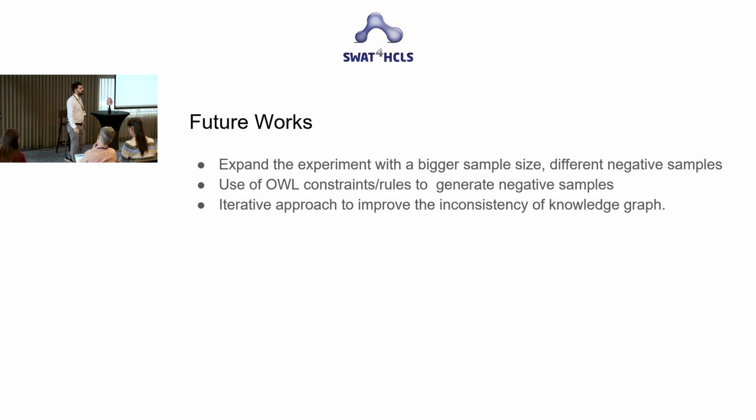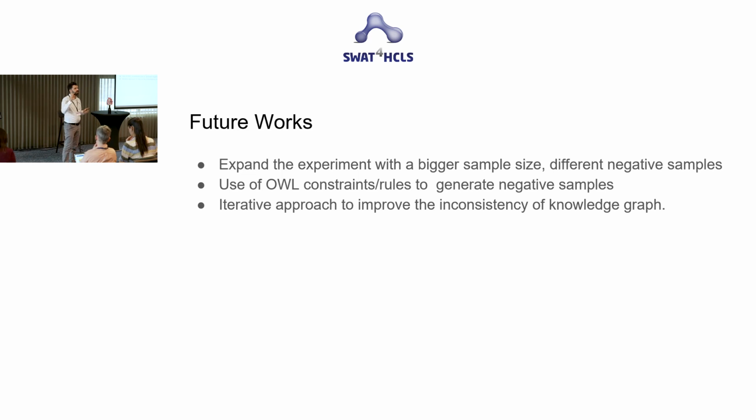So there are, of course, some problems in our work. We only focus on a sample of the knowledge graph because this knowledge graph is very big. So we want to try different experiments with different sample sizes, but also different negative samples.